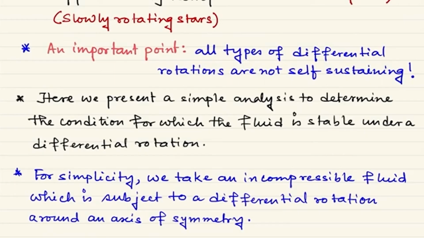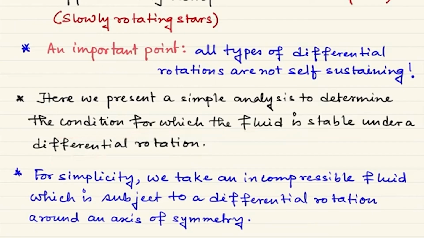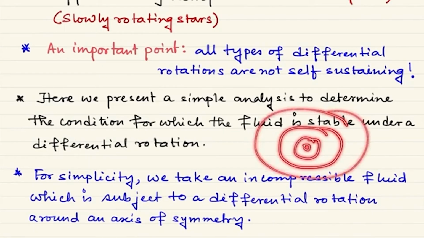However, by doing some very simple analysis, we can determine some condition for which a fluid is stable under a differential rotation. That means a fluid is already moving with a spatial gradient of angular velocity.